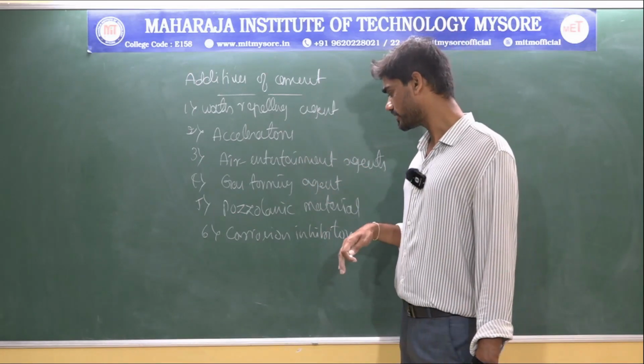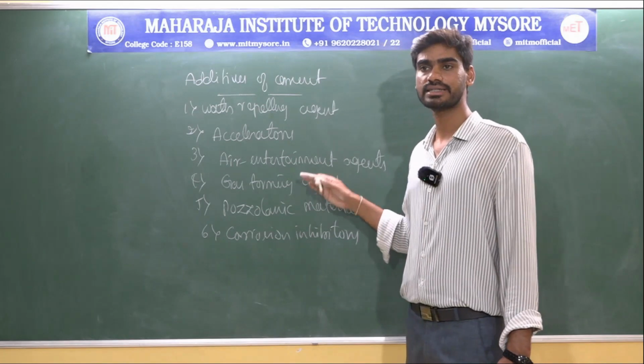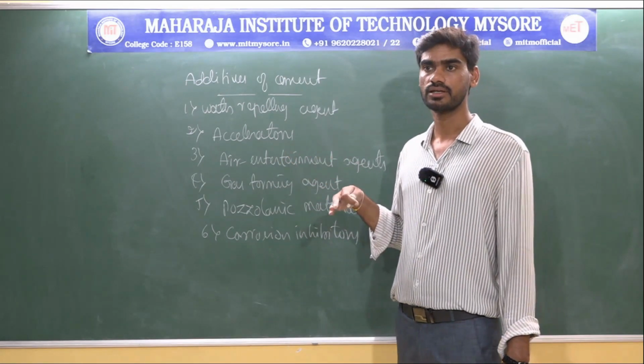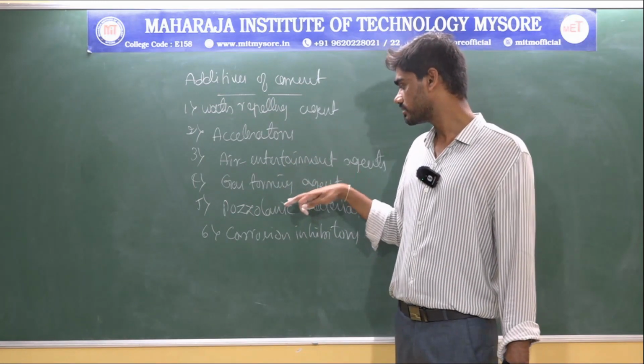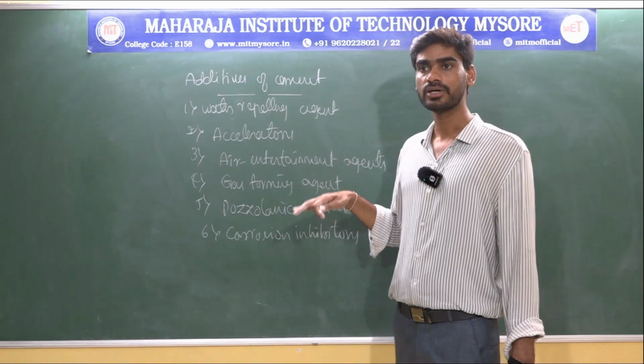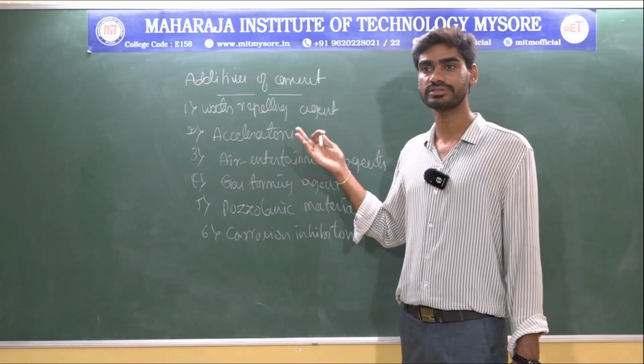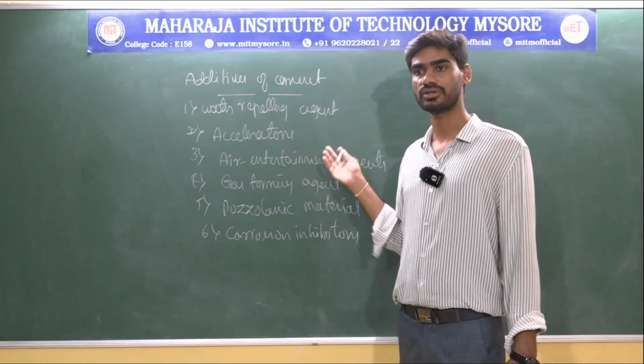So when we come to the pozzolanic material, these materials are added up to 10 to 35% of the cement in hydraulic structures. Basically, pozzolanic materials are added to lower the heat of hydration and to resist the effect of sulfate, chloride and natural acids.